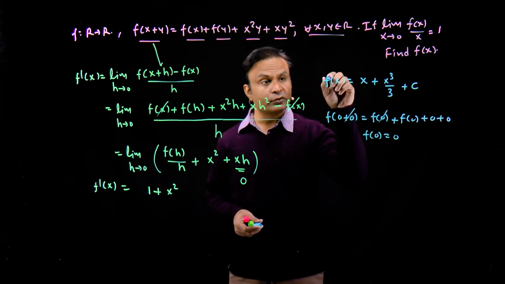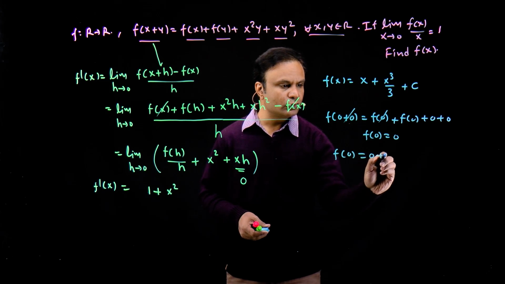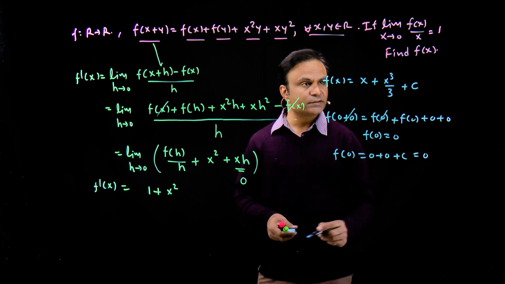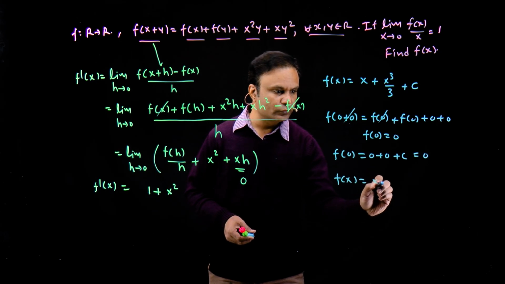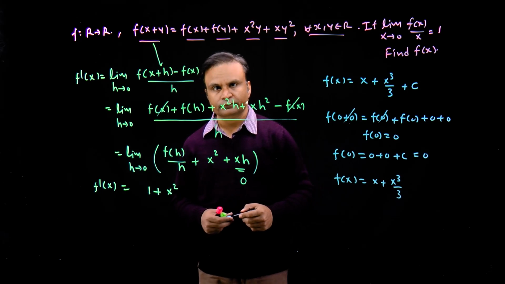Putting x = 0 in this function we have f(0) = 0 + 0 + c, but f(0) is 0, so c is 0. So finally the function is f(x) = x + x³/3.